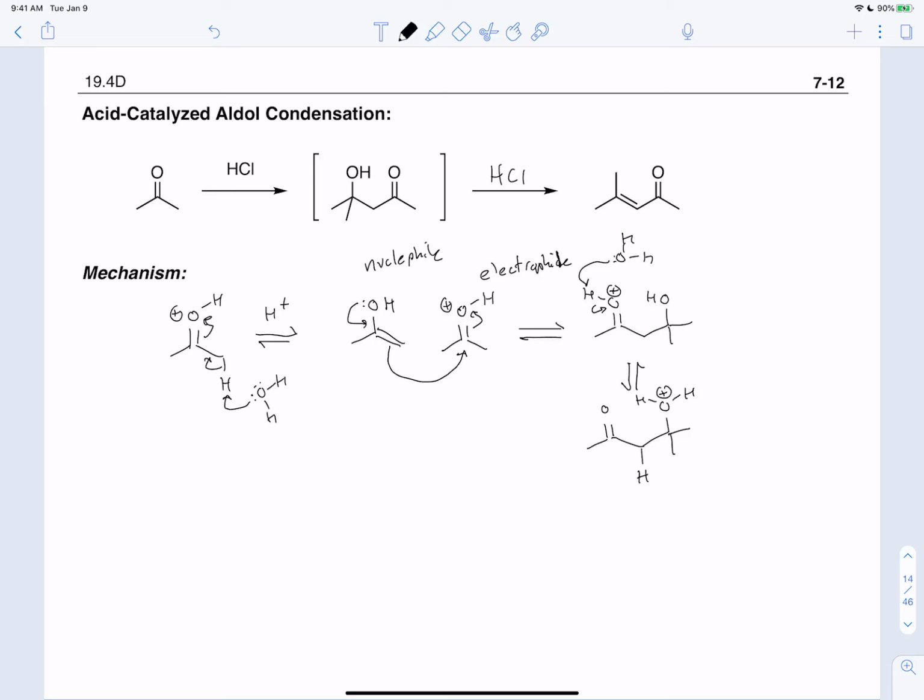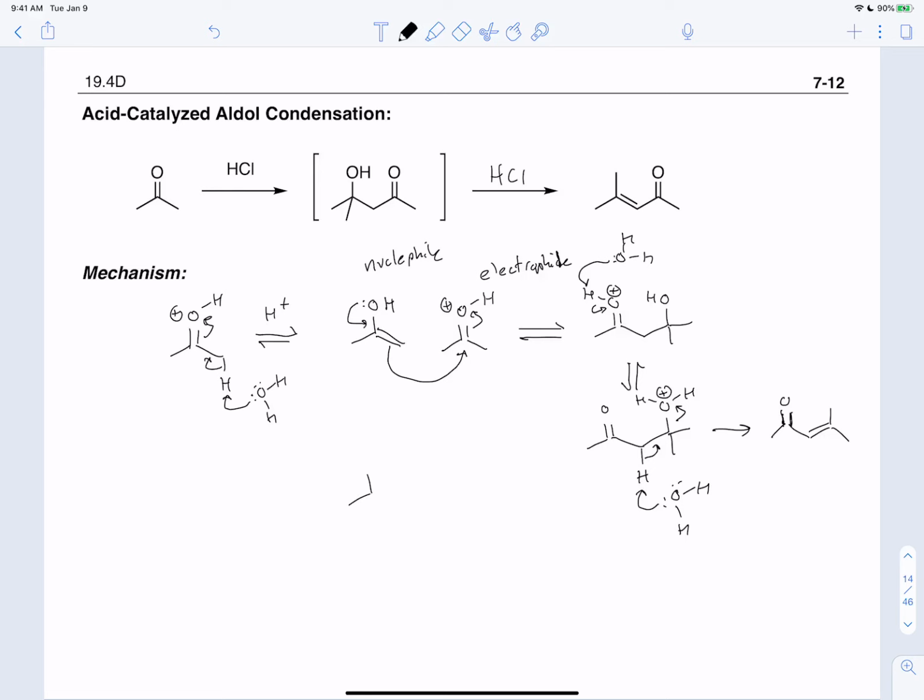So this will probably already start to ionize. You can imagine a hydrogen being deprotonated and eliminating this water group along the way to give the unsaturated enone product, the ketone that is next to a double bond.